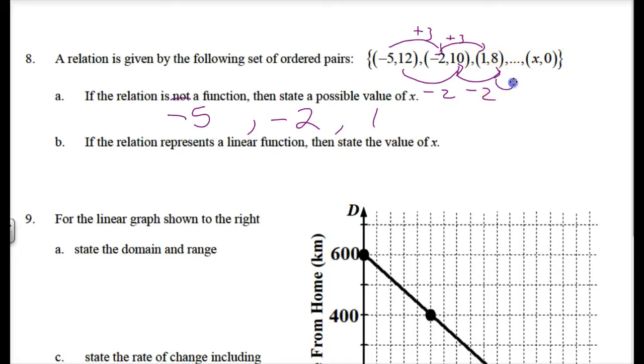I'll have to go to 6, to 4, to 2, to 0. So I'll have to go down once, twice, 3, 4 times. So that means this will have to go up by 3 four times: 1, 2, 3, 4. So it'll go to 4, to 7, to 10, to 13. So the value of x is 13.